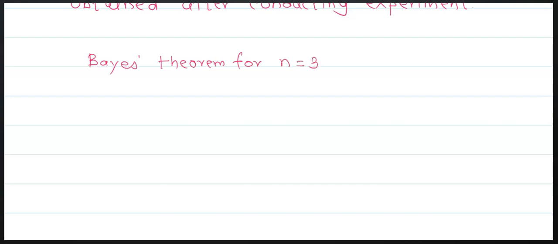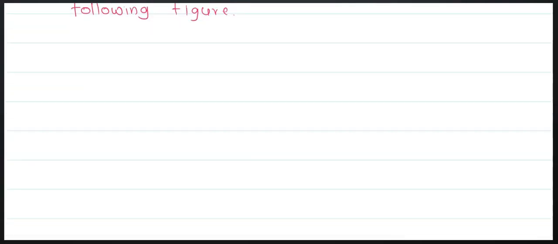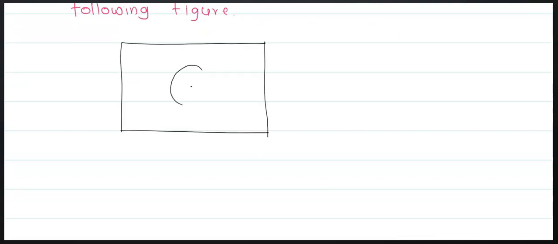Bayes' theorem for n equals 3 is explained in the following figure. Now see this here. Three events E1, E2, E3, and A is the condition in between.